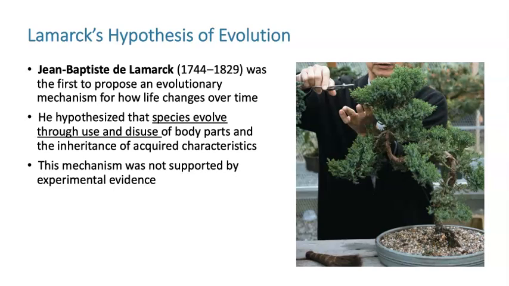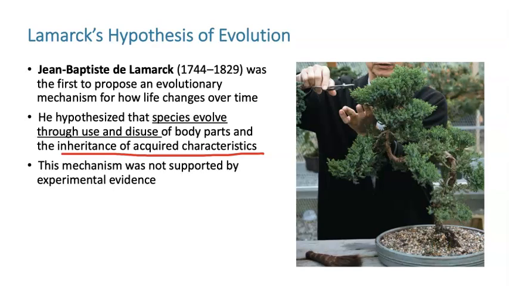Let me just underline that for you so that you can see the actual name of his hypothesis. The inheritance of acquired characteristics. Once again, this idea was not supported by experimental evidence, but the idea here is that this tree could be trimmed into a certain shape, and that shape would be passed on to the next generation.